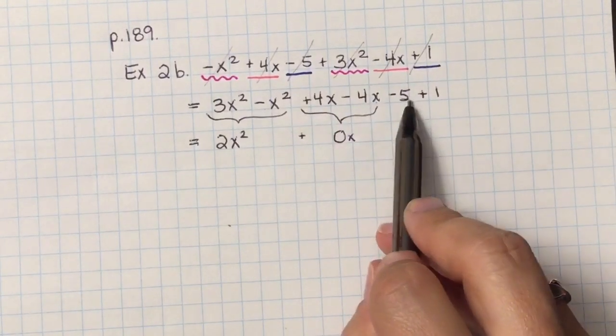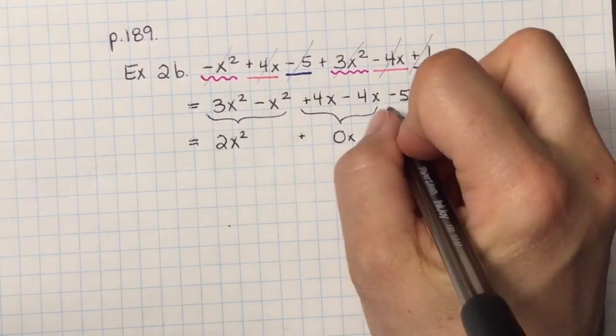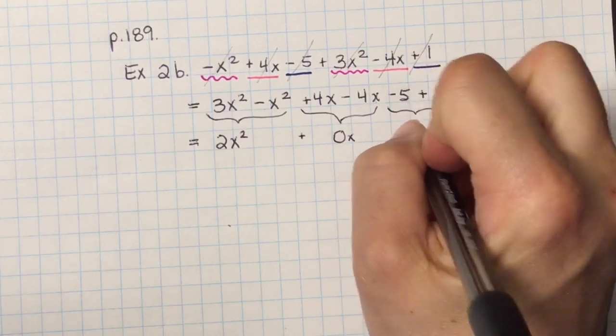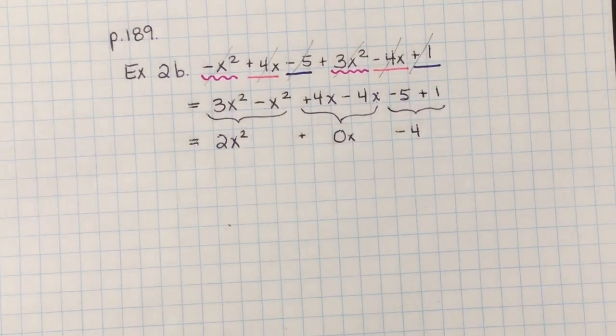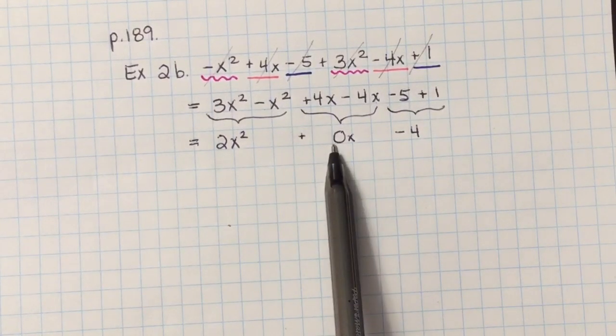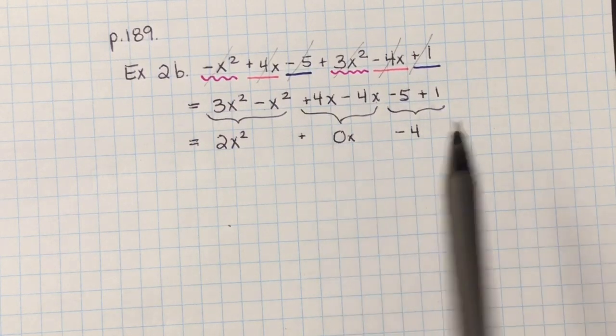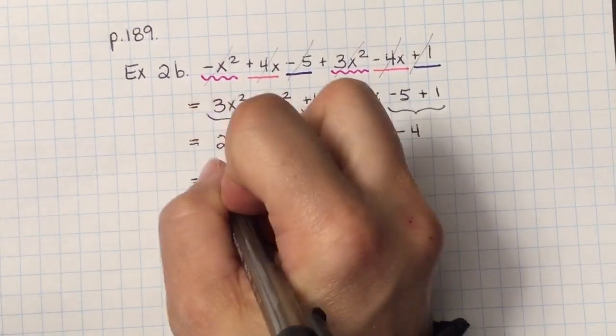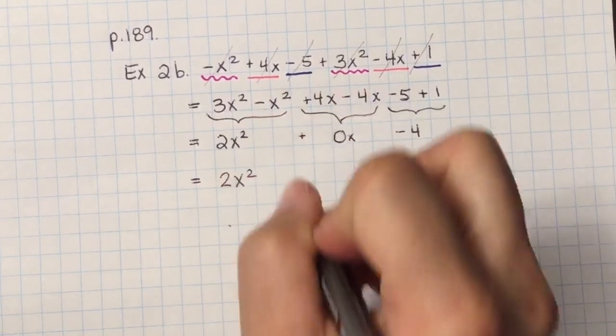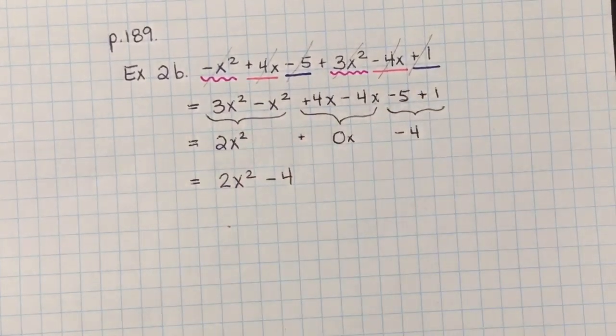Then minus 5 plus 1, and that would be minus 4. Anything that has a coefficient of 0, we don't have to write. So all we would have is 2x squared minus 4.